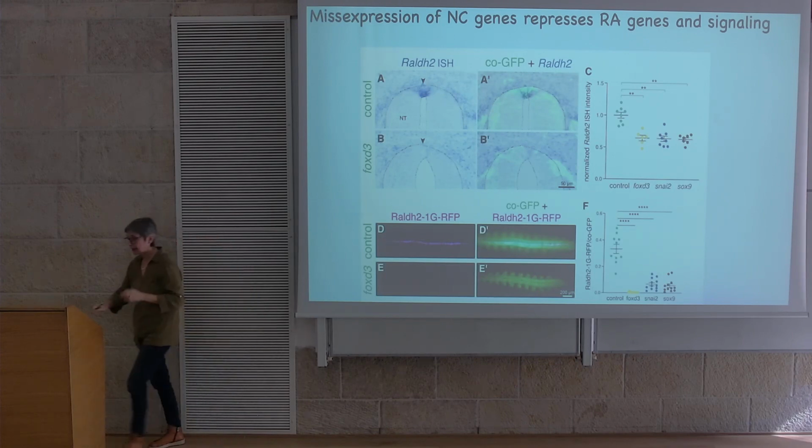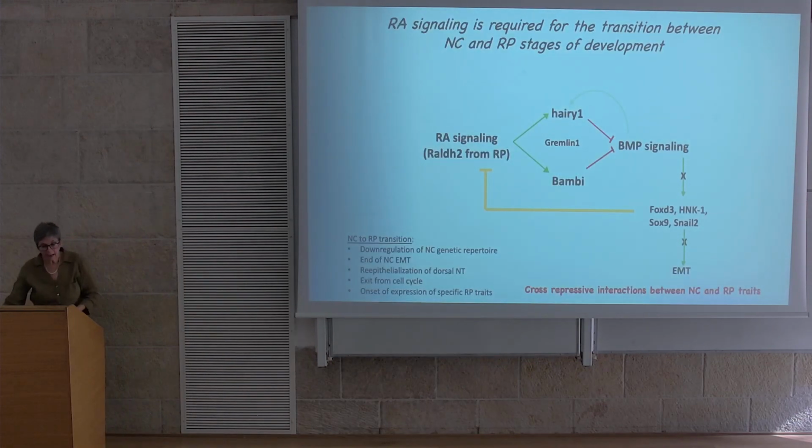What does this mean? This means that not only does retinoic acid, via inhibitors of BMP, inhibit BMP, inhibiting crest production, but if you are still at the crest stage and you express FOX, SNAIL, SOX, and whatever, you also inhibit the onset of retinoic acid signaling.